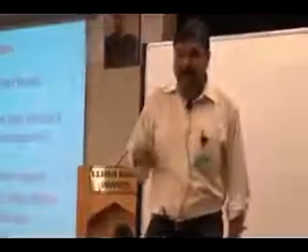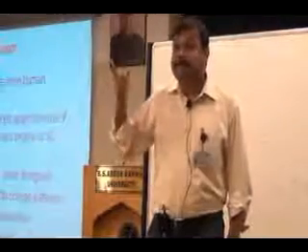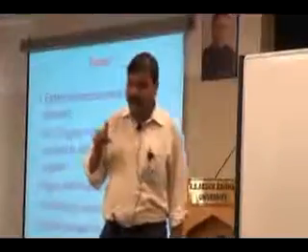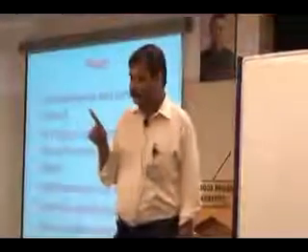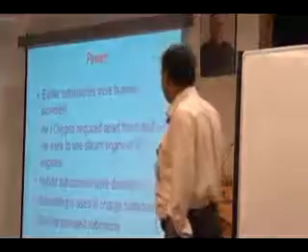Then what was the next to come? IC, internal combustion engines. After steam engines came the internal combustion engines. Now again, in the IC engines, what is the problem? Air.